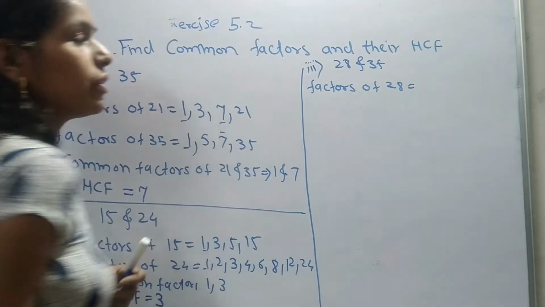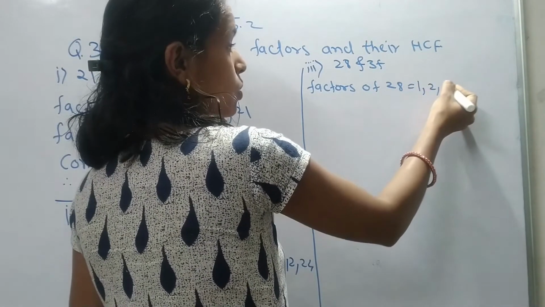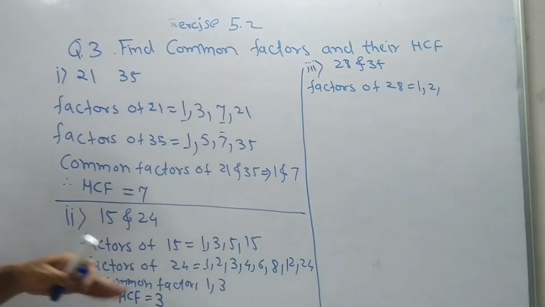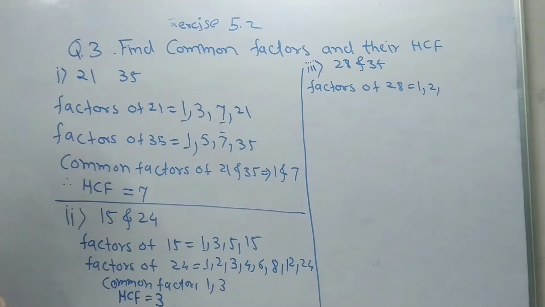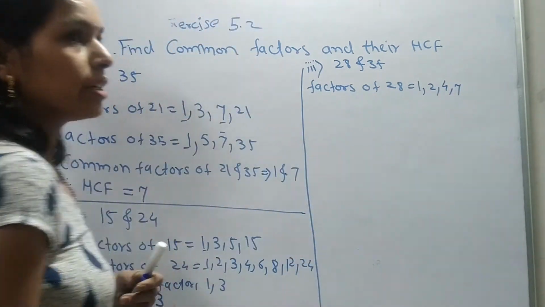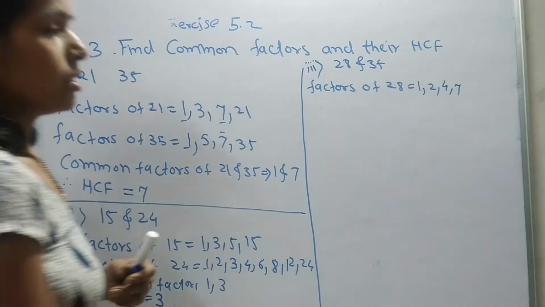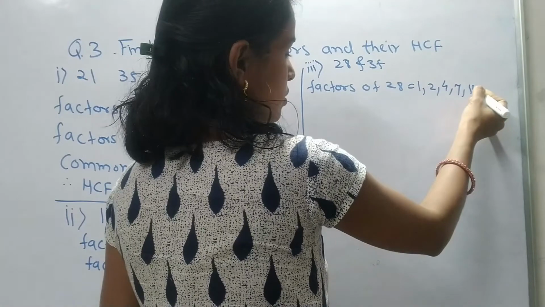Factors of 28 are 1, 2, 4, 7, 14, and 28.